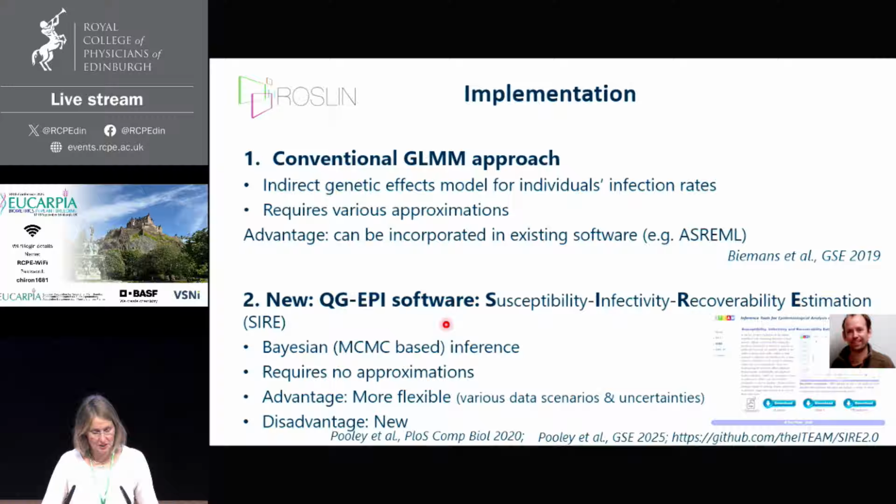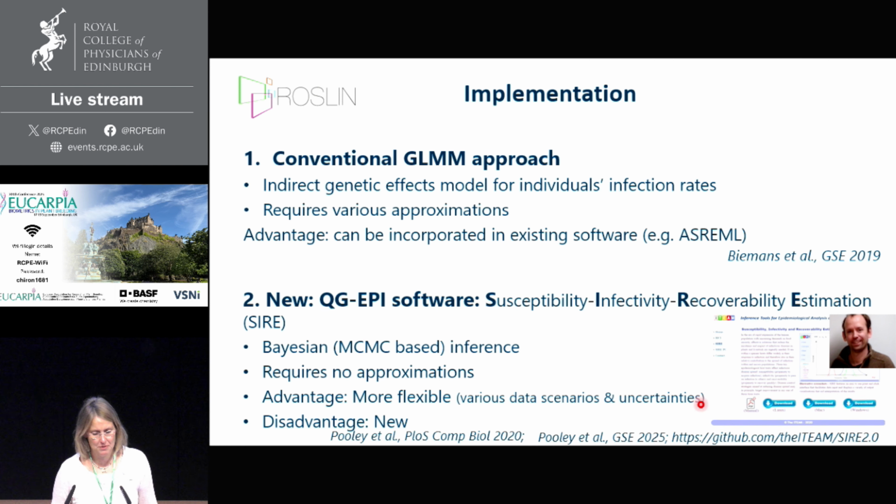These are the so-called indirect genetic effects models for the individual's infection rates. As I pointed out before, you need to do quite some tricking and approximation to fit this dynamic and nonlinear model into a linear mixed model framework. So it relies on quite a few approximations. But the big advantage is that you can work with the tools you're familiar with, and you don't need to reinvent an entirely new toolbox.